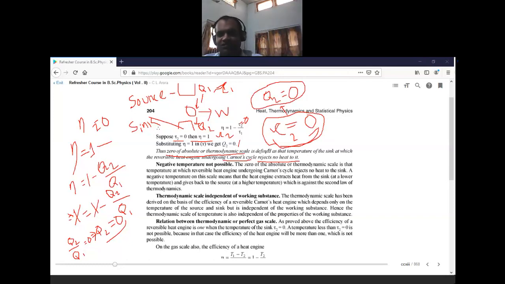So zero of the absolute thermodynamic scale is that temperature, I mean tau 2 has to be 0, that temperature of the sink for which the reversible heat engine undergoing Carnot cycle will reject zero heat to it. Zero heat means if tau 2 equals 0, Q2 is equal to 0. Okay, that is the zero of the absolute or thermodynamic scale. I hope you have understood this.